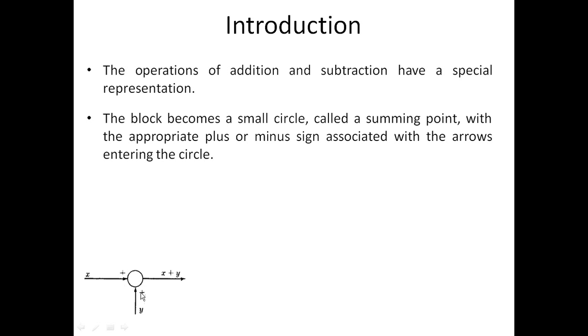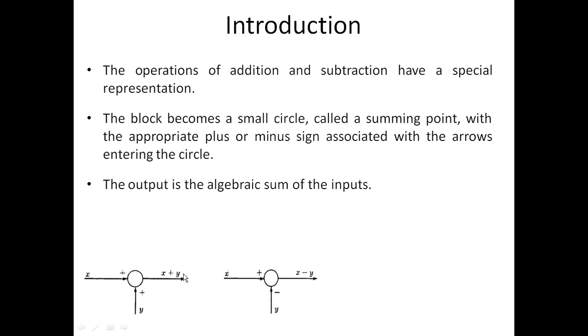In this case both are plus, so the outgoing signal is the addition of these two signals, that is x plus y. The output is the algebraic sum of the inputs. In this second case, x with plus sign and y with minus sign, so the resultant output is x minus y.